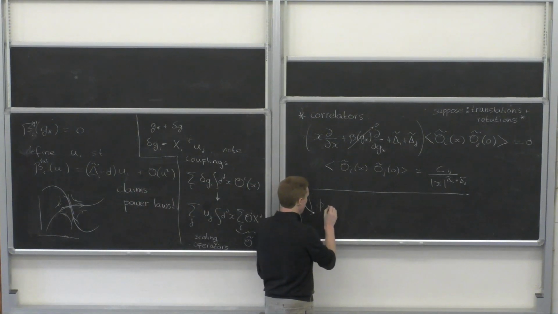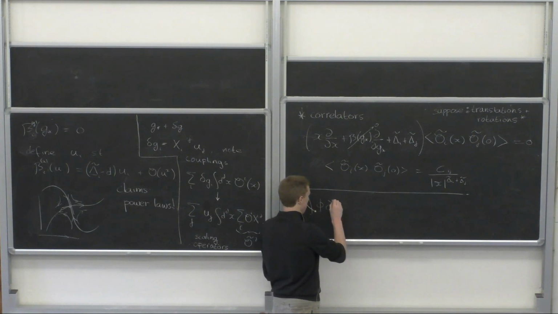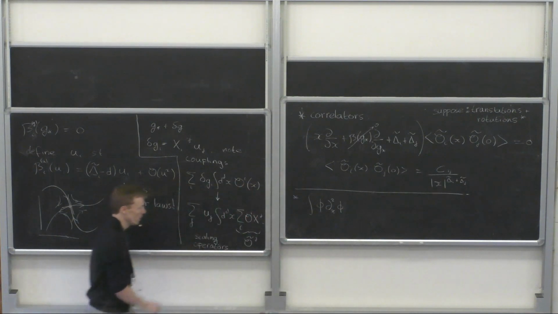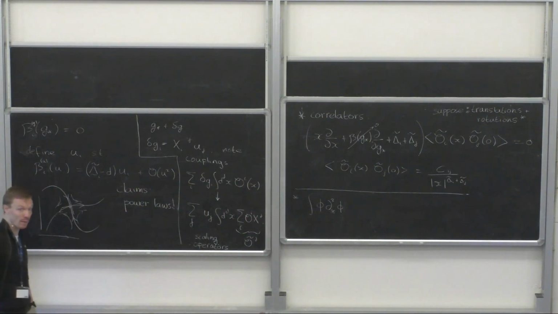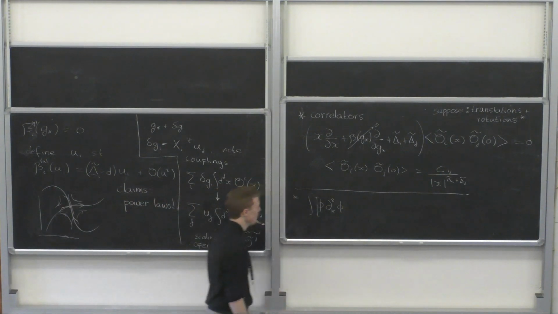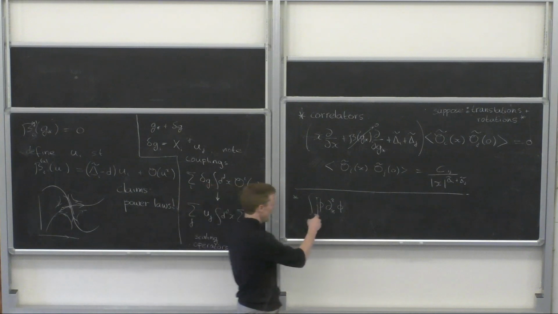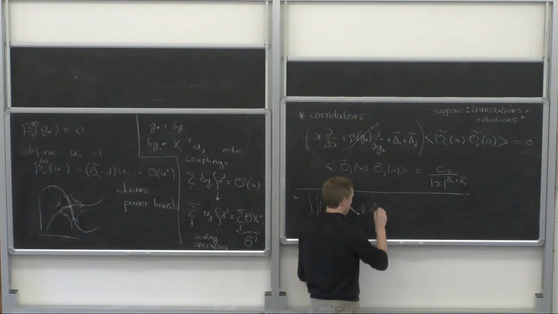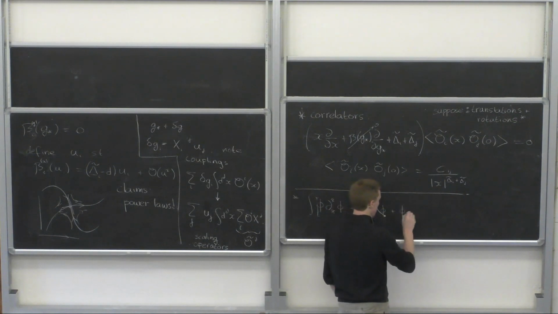So you can try something like phi dx squared phi, for example. Phi dx phi would be total derivative. You can rewrite this so that it's not fully a total derivative. You can do phi dy squared phi plus phi dz squared phi.